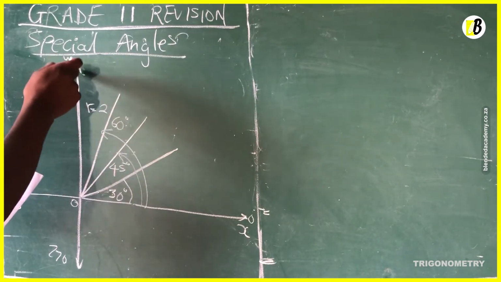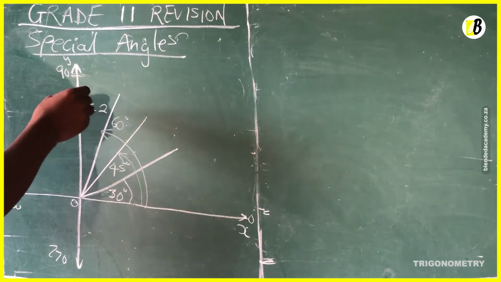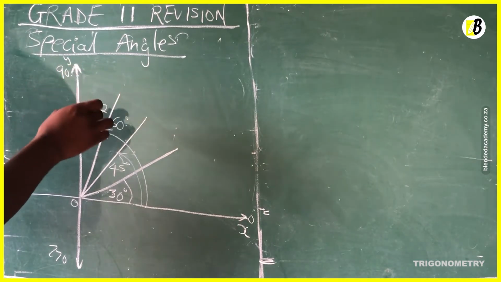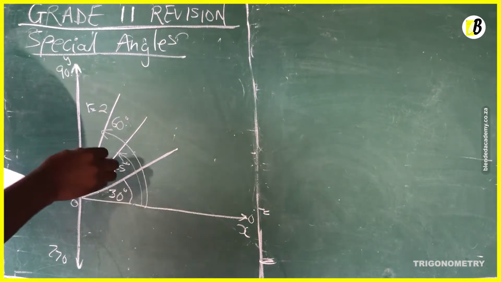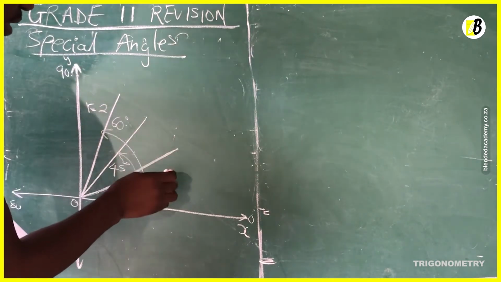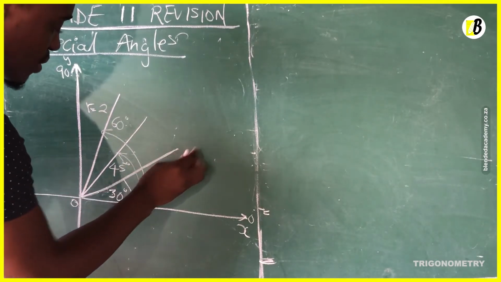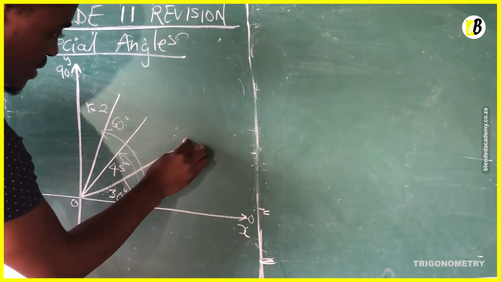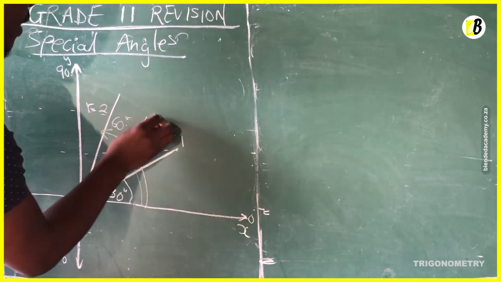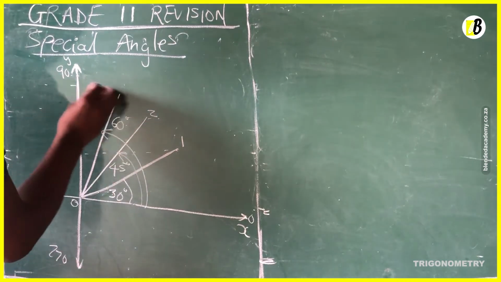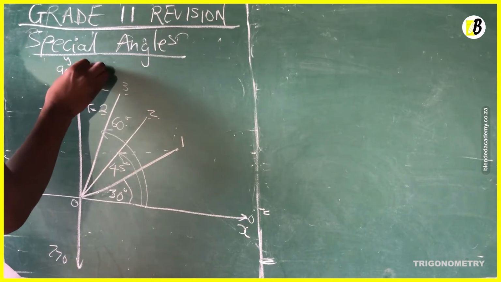This point, because it's the furthest point from the origin, has to have the greatest value. So let's start at the point closest to the origin, which is going to have the lowest value. If here it's 0, that means here on the y-axis it's going to be 1, then here we're going to have 2, then 3, and this point here on the actual axis is going to be 4.